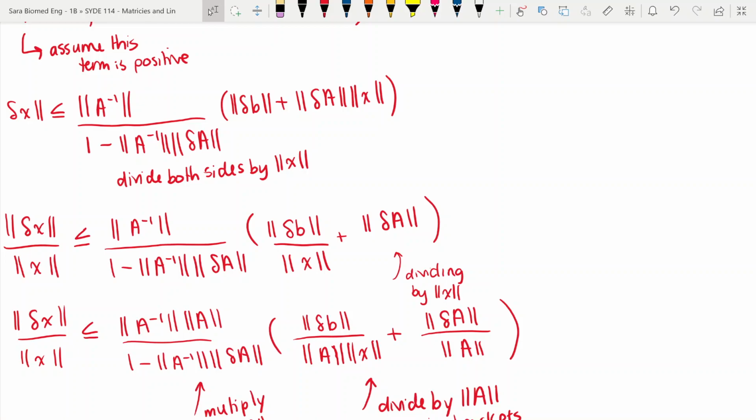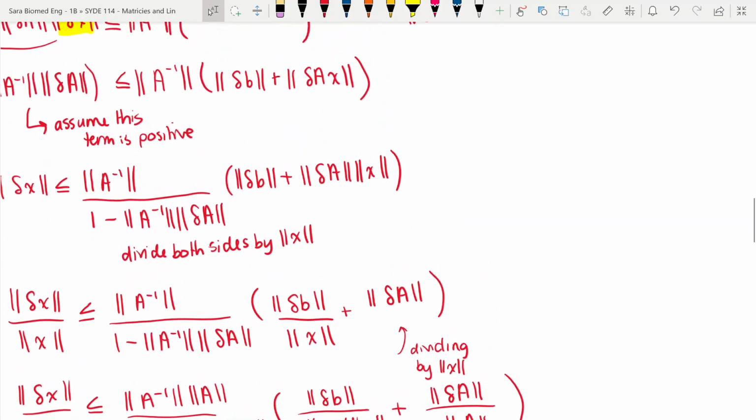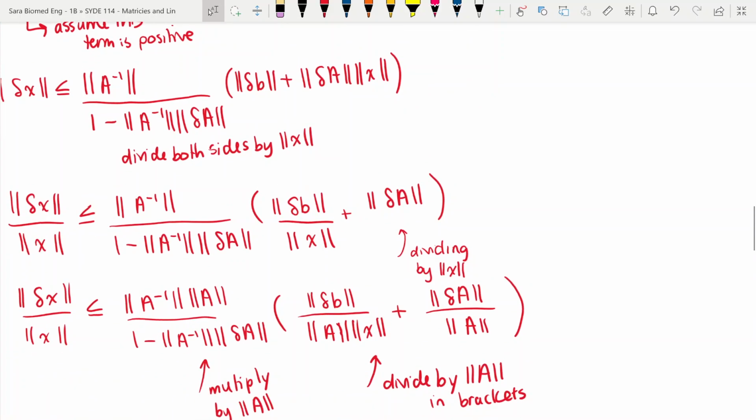If I swap this by this, there will be a smaller value over here. And since it's on the denominator, this whole thing will be greater. So what's on the right hand side got greater, and what's on the left hand side doesn't change. So what's on the left hand side will be less or equal to everything here if I swap this term.